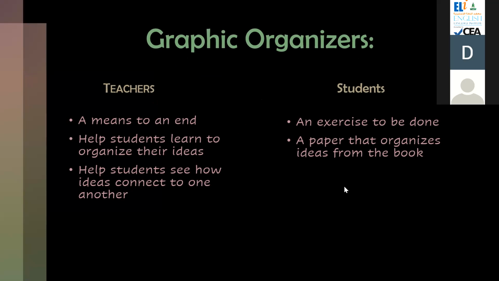So for students, yes, they're the ones who are going to say, oh, it's one exercise I have to do. The teacher wants me to do this. I'll fill in the chart. We as teachers, however, should see the graphic organizer as a means to an end. We want to help students learn how to organize their ideas.